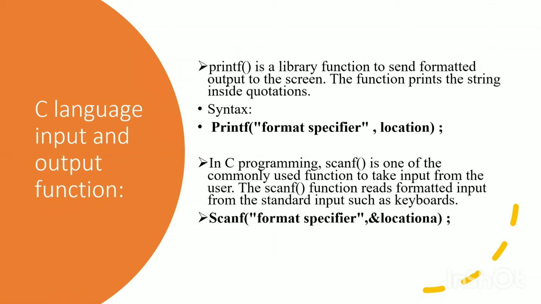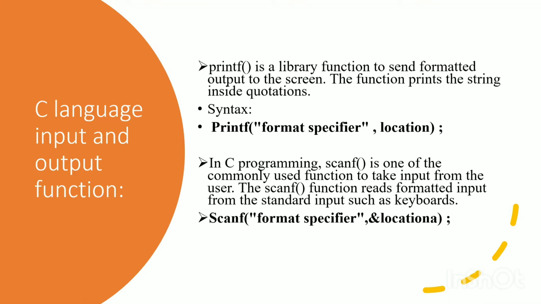In C language, we have certain input and output functions. For example, printf and scanf are the standard input and output functions. printf is used to send the formatted output to the output screen. The string inside the quotations in the printf function will print on the output screen.